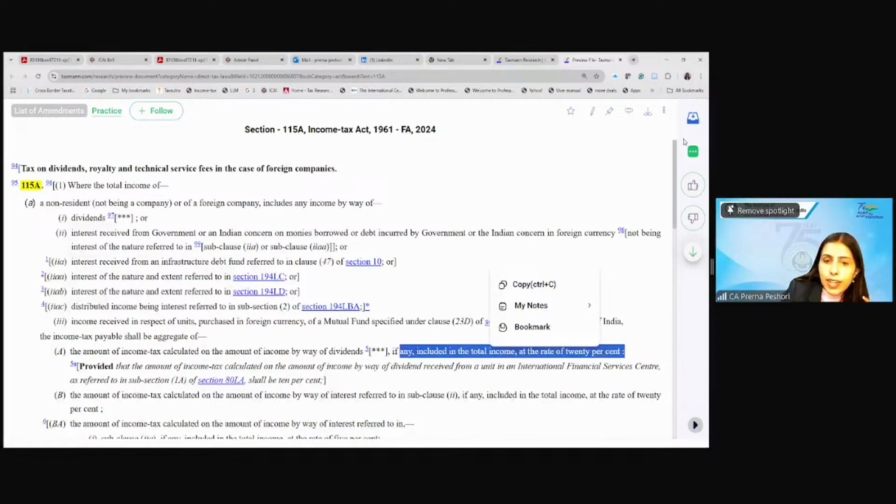So what will be my tax rate, students? Under 115A, it will be 20%. So dividends in the hands of a non-resident will be taxed at 20%. If it is dividend received from a unit in an IFSC, it shall be 10%.